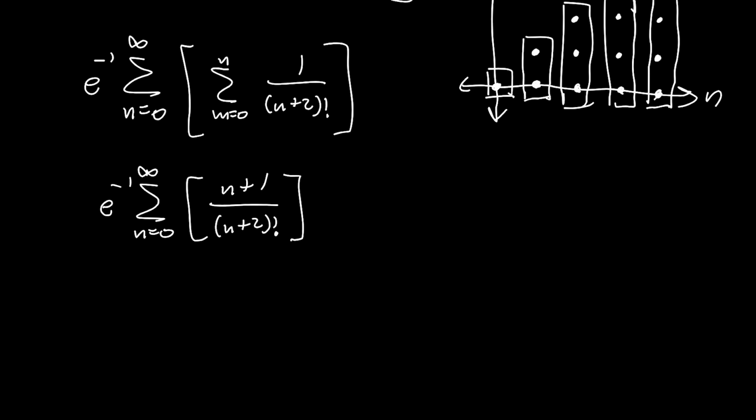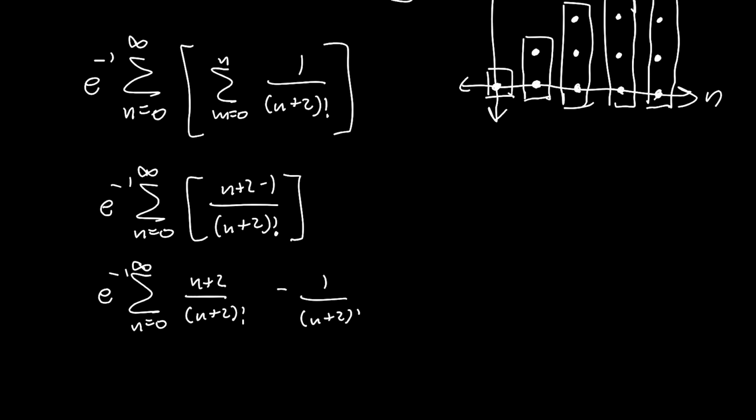Now if I alternatively write this numerator as n plus 2 minus 1, then we can further split up this fraction here to be n plus 2 over n plus 2 factorial minus 1 over n plus 2 factorial. And we can already simplify this first term here by cancelling out the n plus 2 on the top and bottom to leave 1 over n plus 1 factorial.